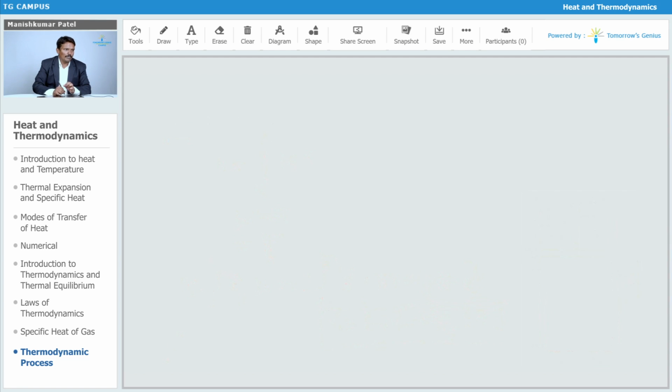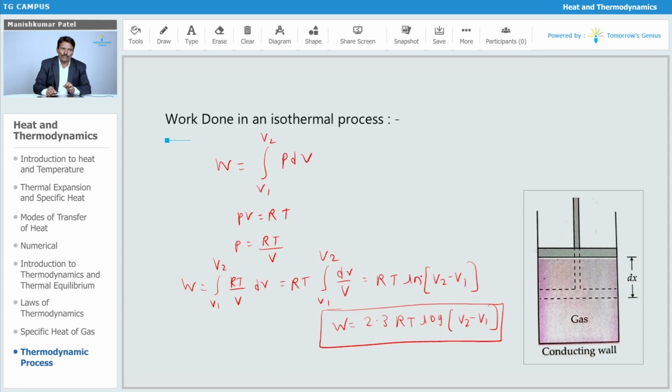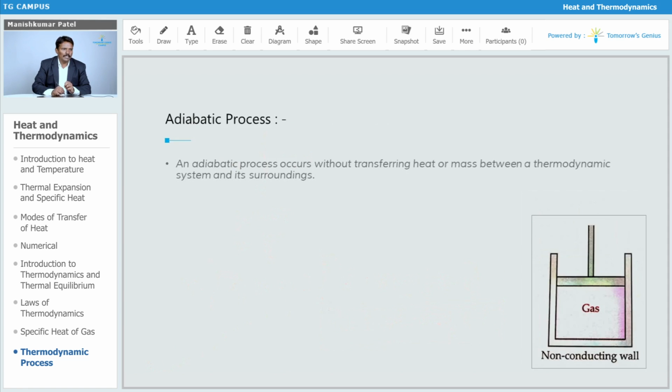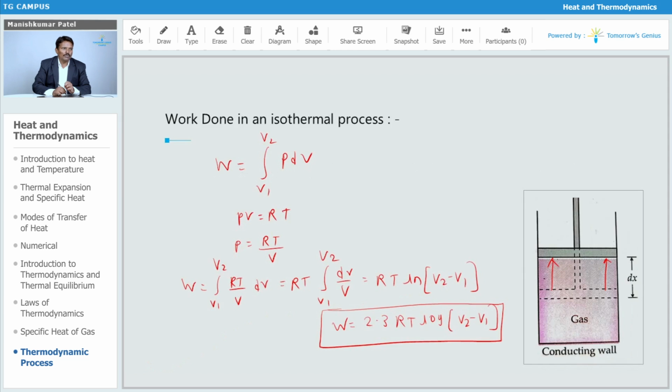So that is the formula. Work done is nothing but the work done by the gas when it expands and pushes the piston upward through a certain distance. That is what we call the work done in the isothermal process.